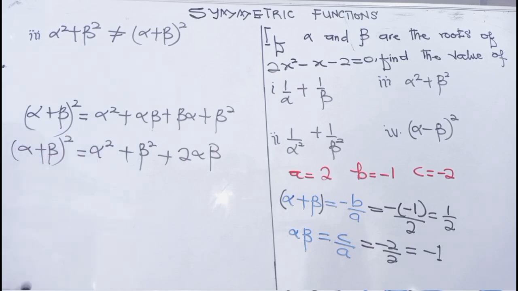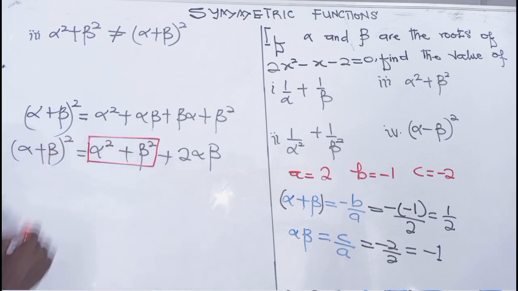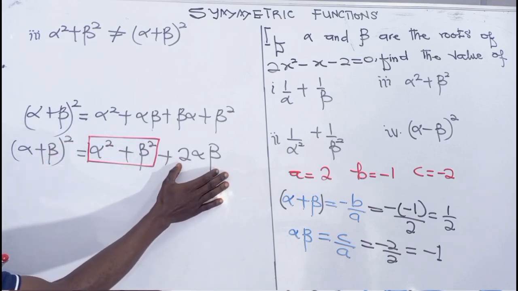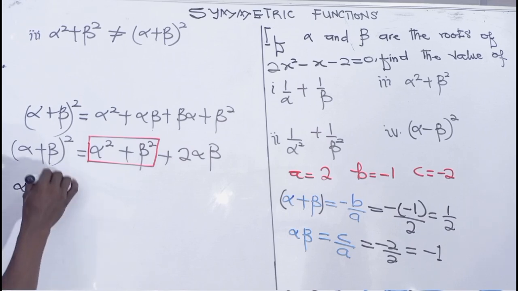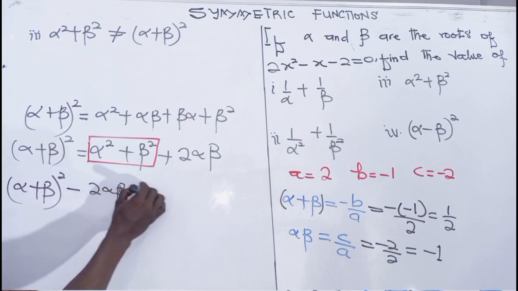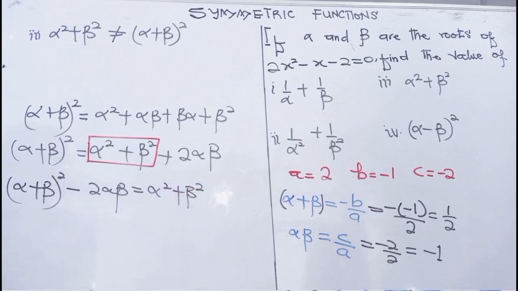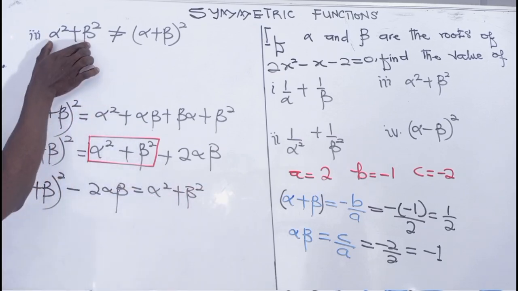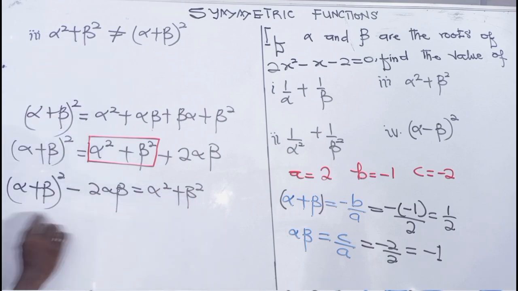Now our interest is to find alpha squared plus beta squared. So we have to transpose 2 alpha beta to the left hand side. So we are going to get alpha plus beta all squared minus 2 alpha beta is equal to alpha squared plus beta squared. So we have gotten what we wanted, which is this one. So we can say that alpha squared plus beta squared is giving us that.